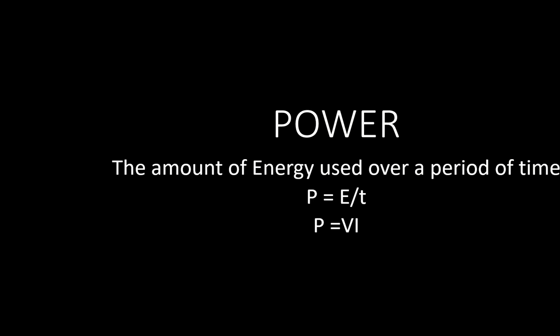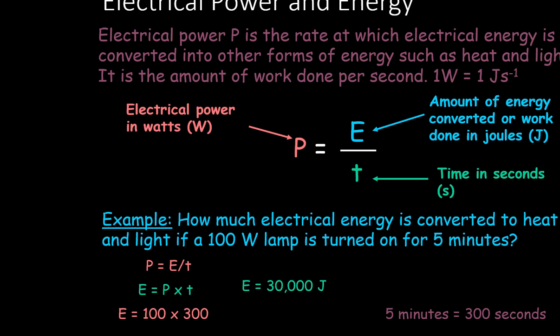So, the equation that governs power in terms of energy over time is this one right here. P equals E over T. E being the amount of energy done in joules, a unit you're familiar with, and time is the time in seconds. Time I hope you're familiar with as well. And when we divide energy by time, we get electrical power in watts.